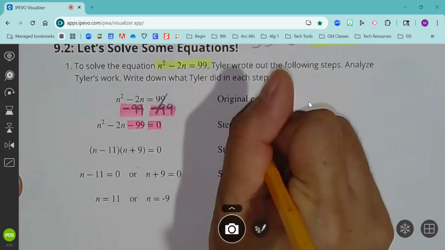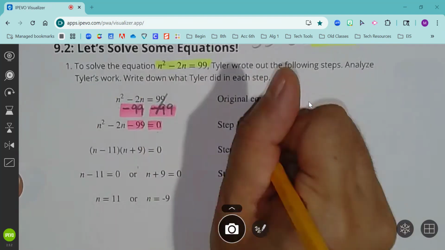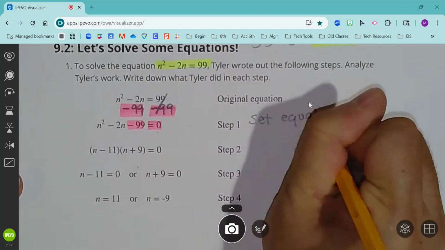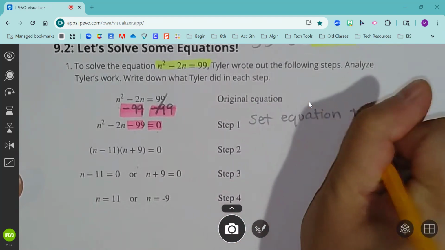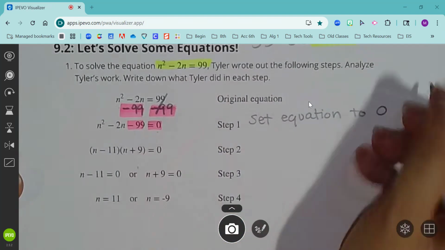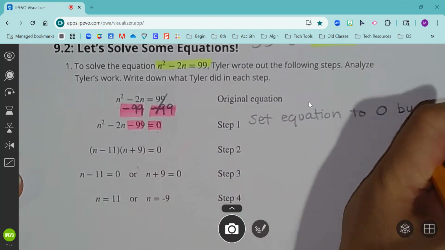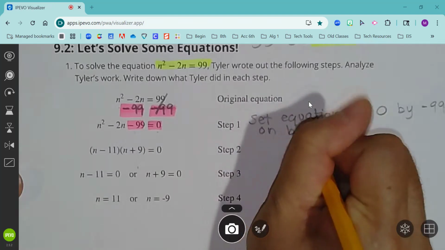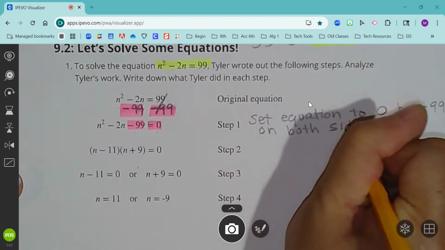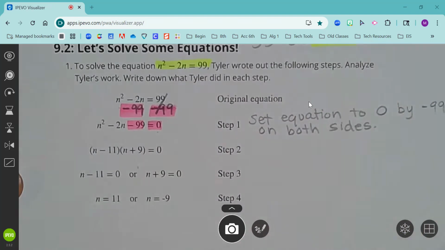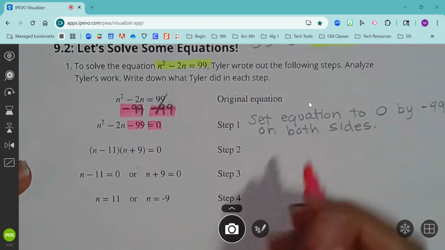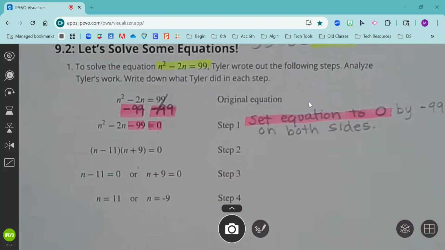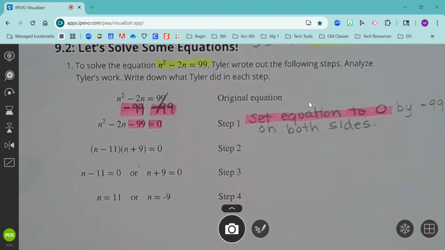So really, you're just setting your equation to zero by subtracting 99 on both sides. And that's the main goal, set equation to zero.